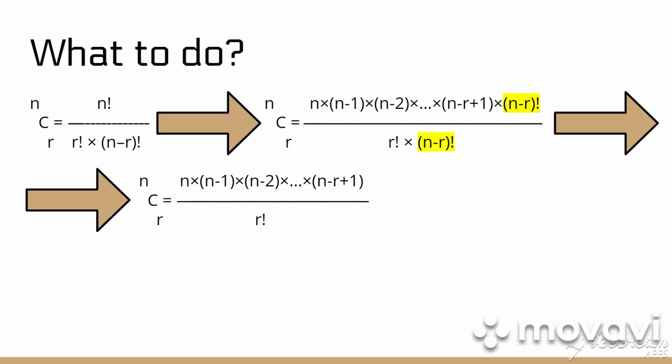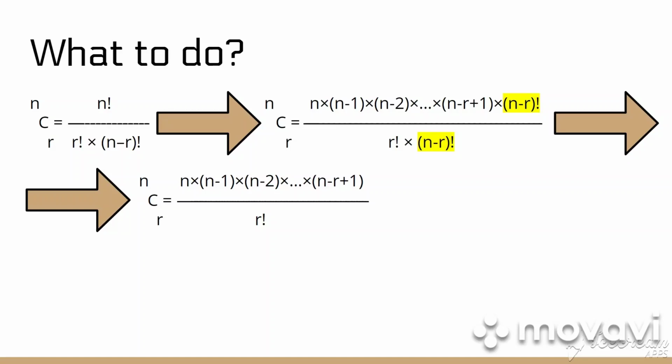But if we open up the factorials, you can see that n factorial can be expanded to n multiplied by n minus 1 multiplied by n minus 2 and so on, multiplied by n minus r plus 1 multiplied by n minus r and so on until it gets to 1. And similar to that is (n minus r) factorial.